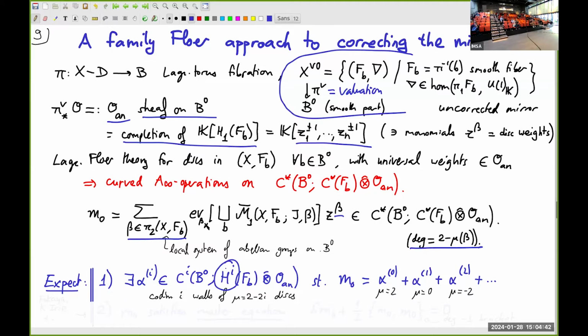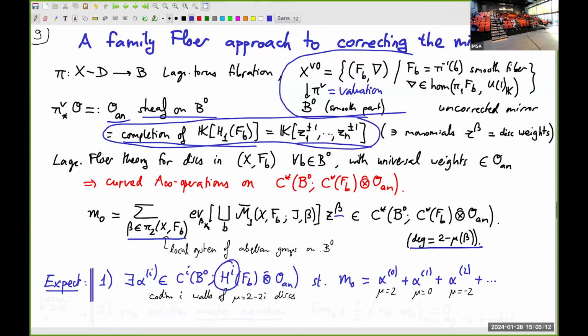The definition of ON, yes. So ON is the thing in which coefficients live for my universal Floer theory. So point-wise, Z to the beta, the weight of a Floer disk, is going to be some monomial in formal variables that correspond to the local variables, really, that correspond to the basis of the first homology that I take.